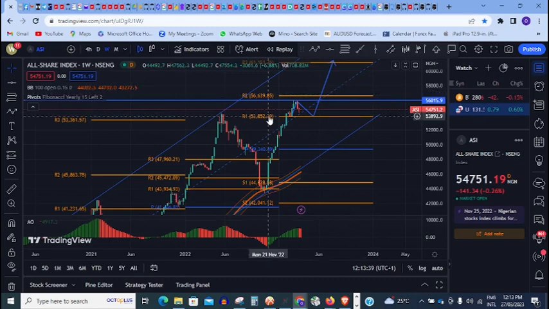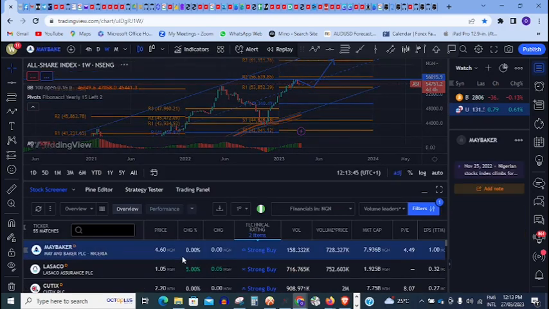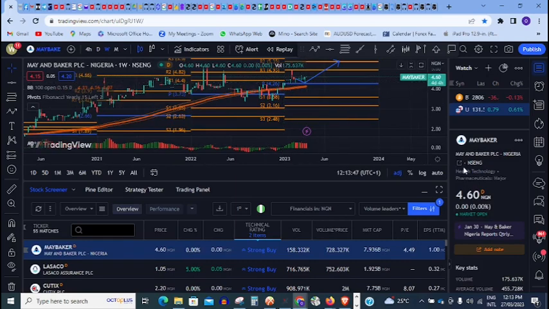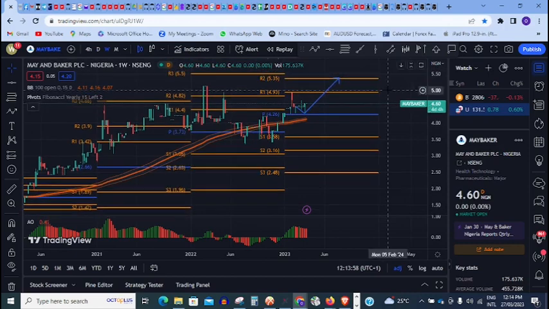Let's look at the opportunities that we have this week. Let me open. All right, this is still valid. It's a strong buy. If you get entry around here, it's good for a profit target at 5 naira 40 kobo. I think this is a good buy opportunity here.